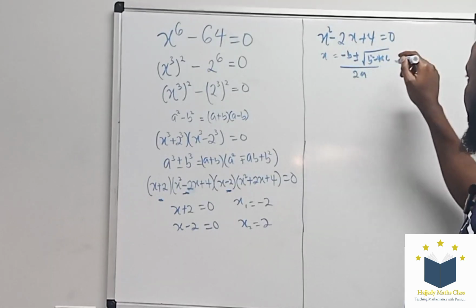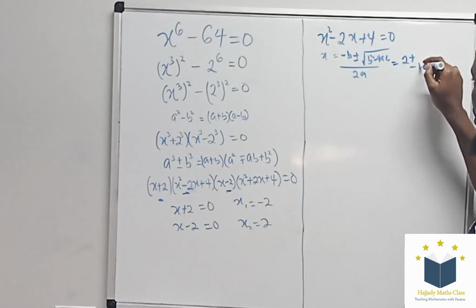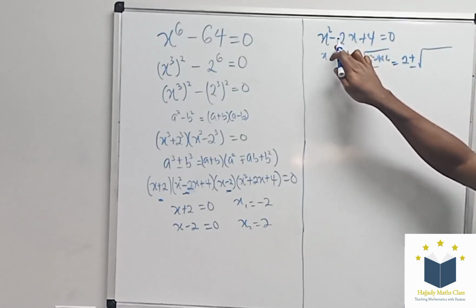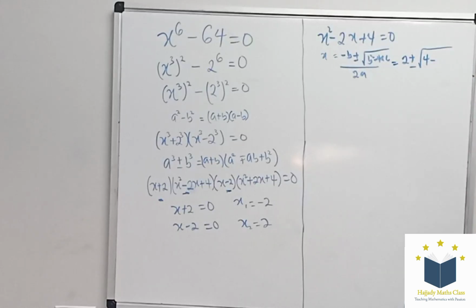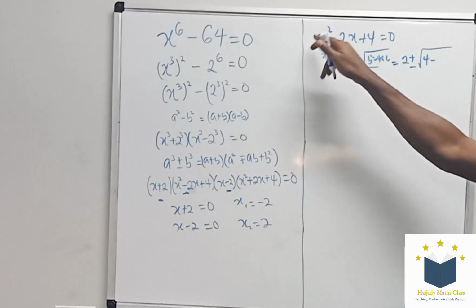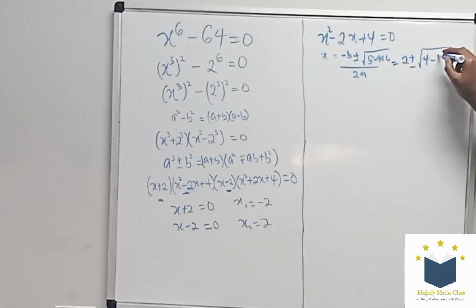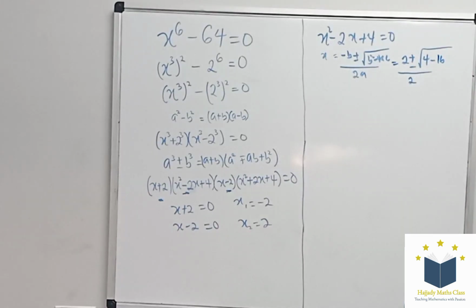Then from here, I can have my negative b to be 2 plus or minus root b squared, which is negative 2 squared, to be 4, minus 4ac. 4 times the coefficient of a, which is 1, times 4, which is what? 16, over 2 times 1, which is 2.